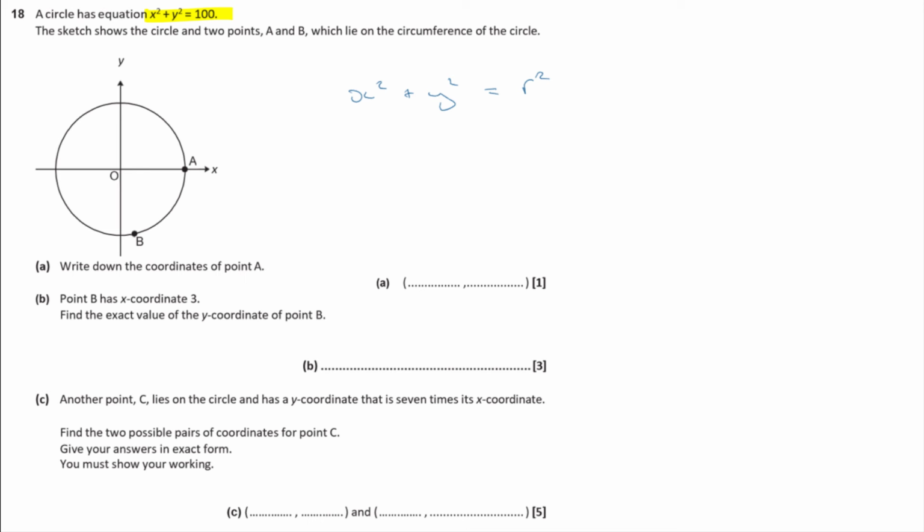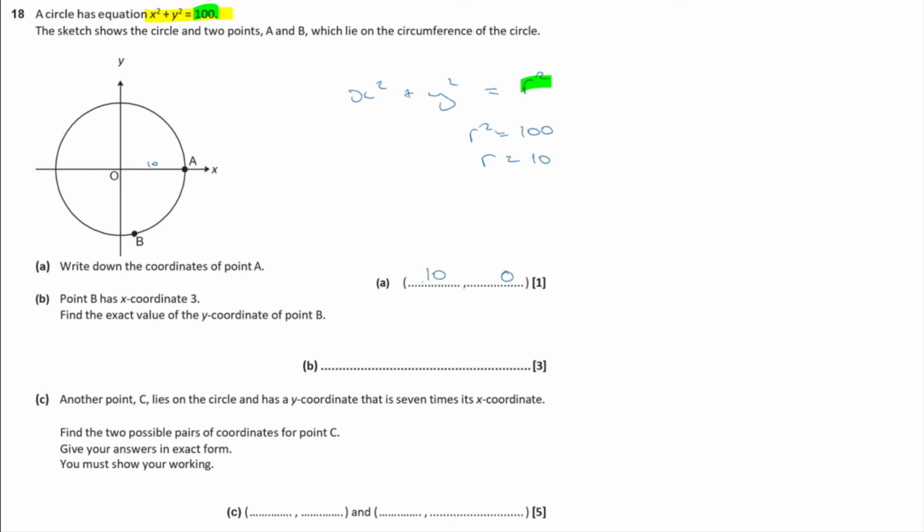So in other words, the 100 there is matching with the r squared here. So if r squared is 100, then r is going to be the root of 100. It's going to be 10, isn't it? Okay. So that means this is 10 units to the right of the origin. So its coordinates are going to be 10, 0.